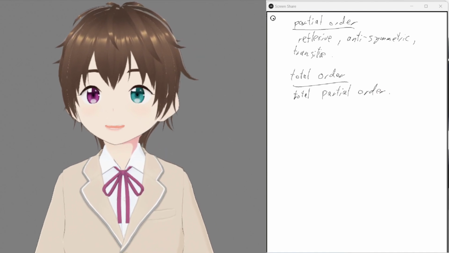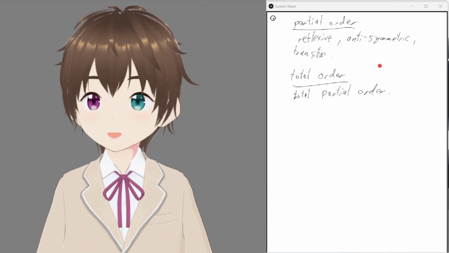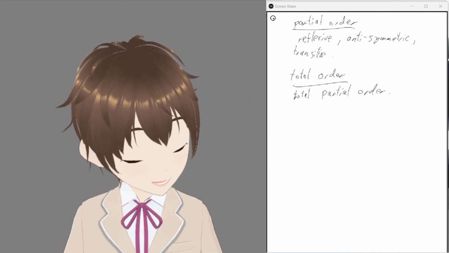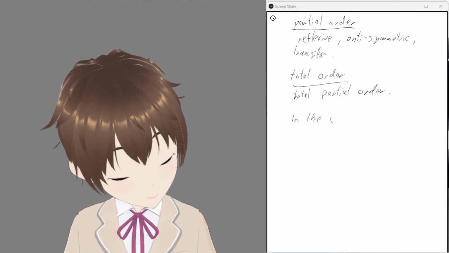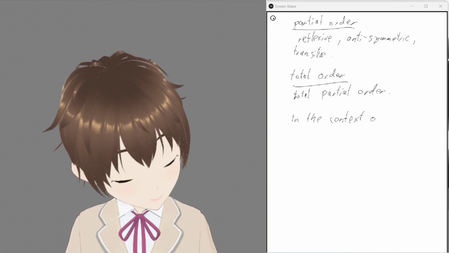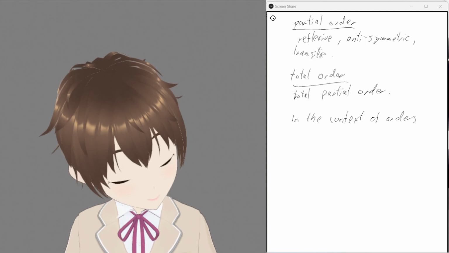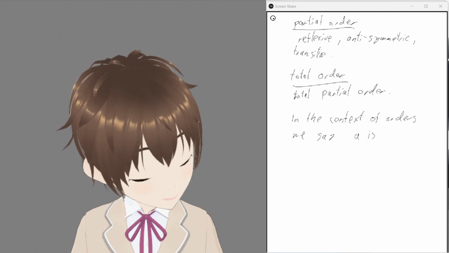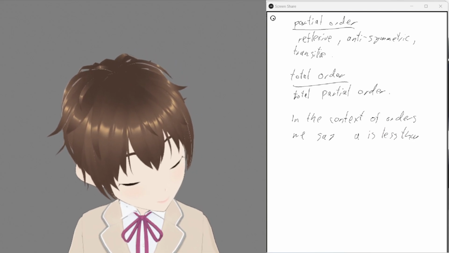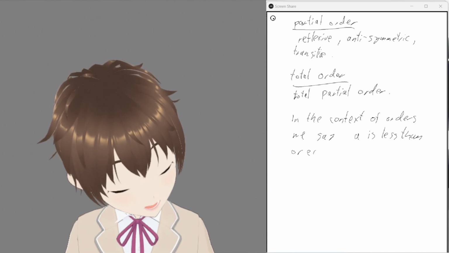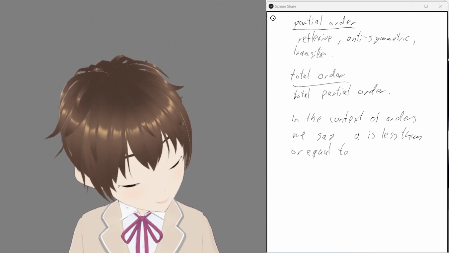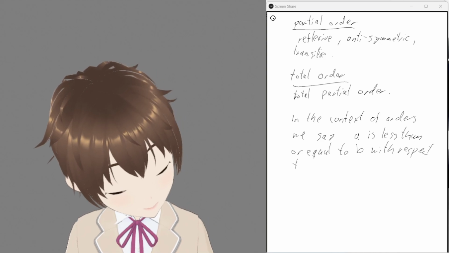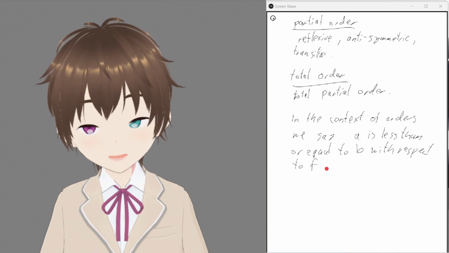So in the context of these orders, it's common to think of them in terms of ordering things. So we say less than to mean, in the context of orders, we say A is less than or equal to B with respect to F. F is my total order.